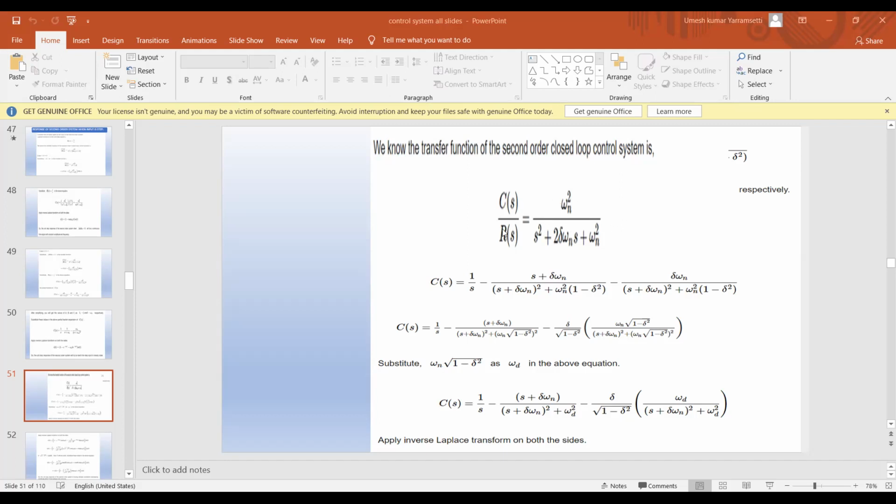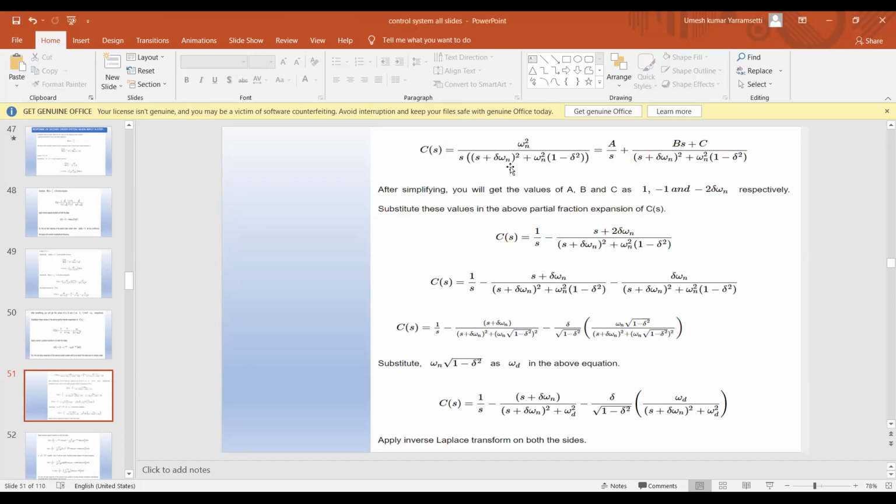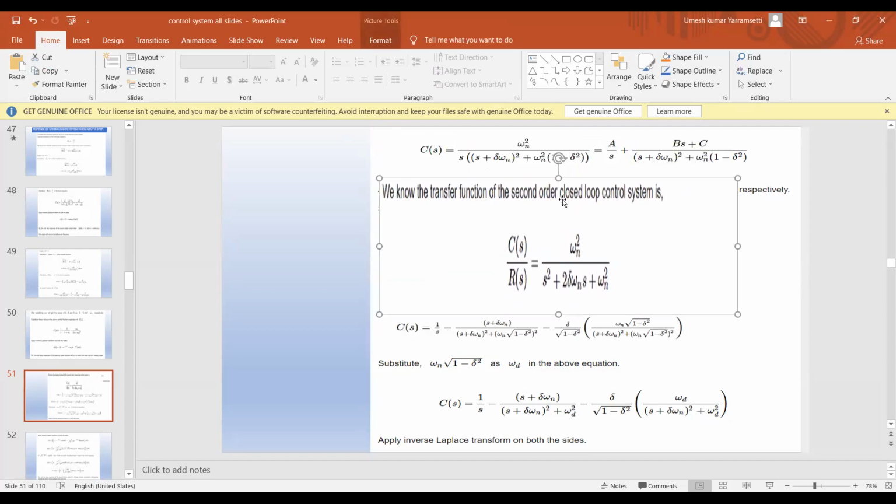So here we have the characteristic equation, which is of the second order. If we give a unit step input to this second order system, then R of S would be 1 by S. So what we have done is changed this to this equation.